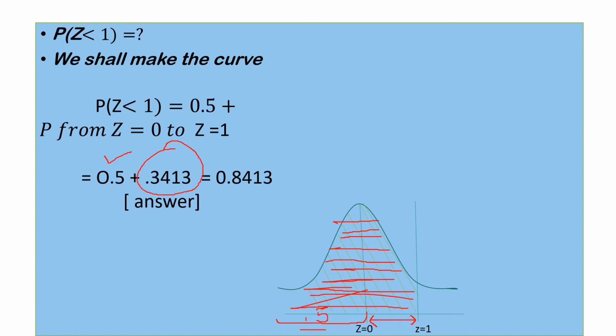So how did you calculate? This area's probability is 0.5 and the probability from this area to this area is 0.3413, which will be mentioned. Now adding up 0.5 plus 0.3413 is equal to 0.8413, which is the required answer.